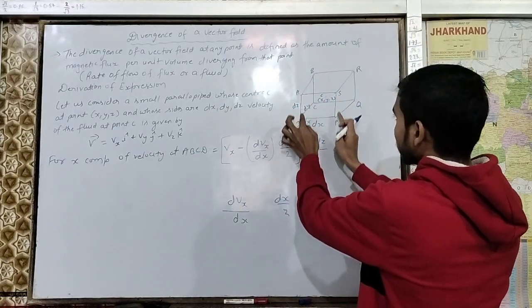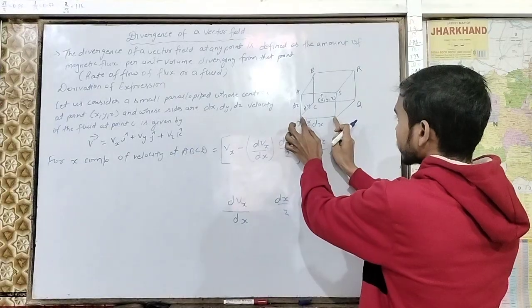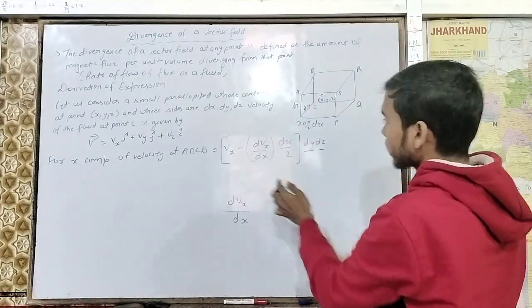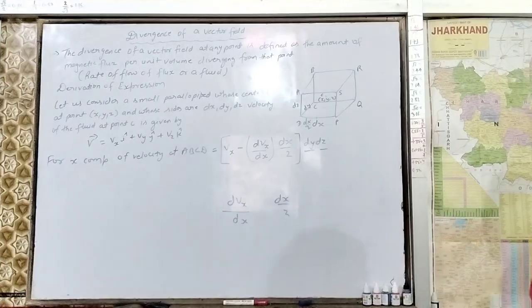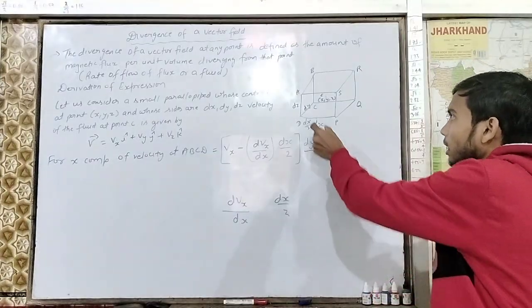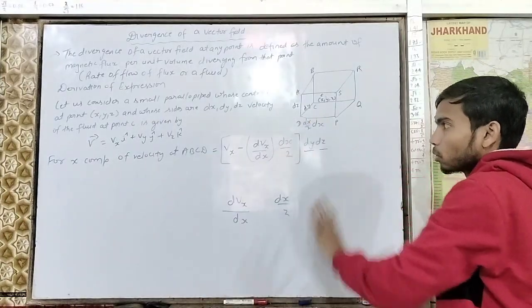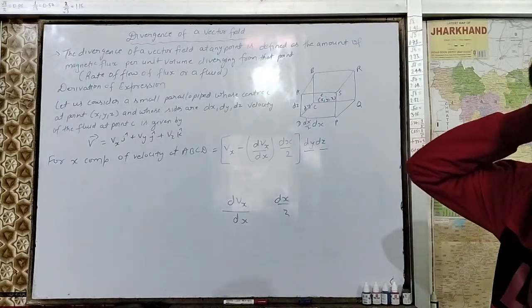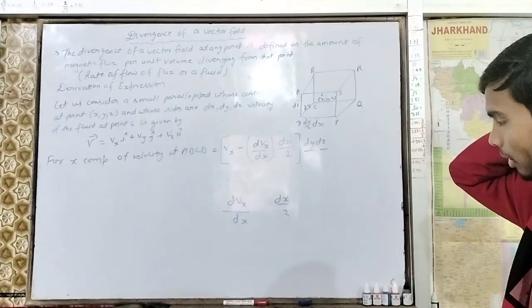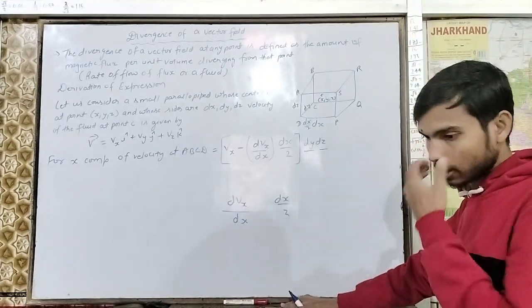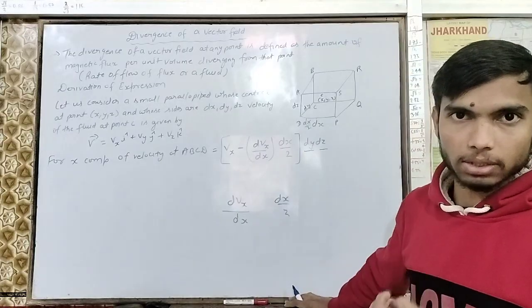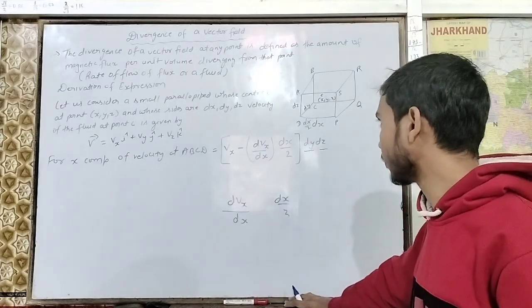Velocity was complete dx, and just this change we are taking with respect to dx, and the length is this much, dx upon 2. This is the length. Okay, dy into dz, we will take completely as dy dz.